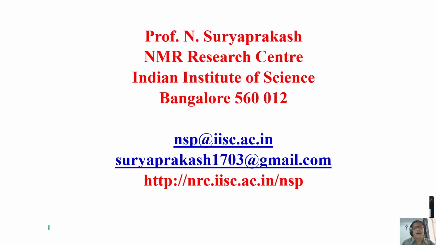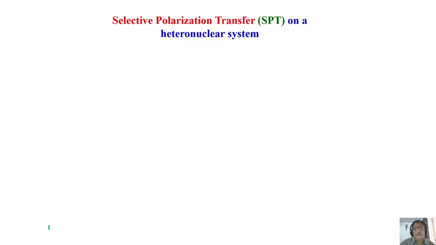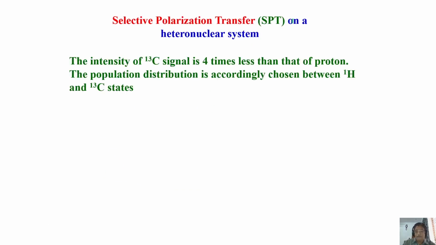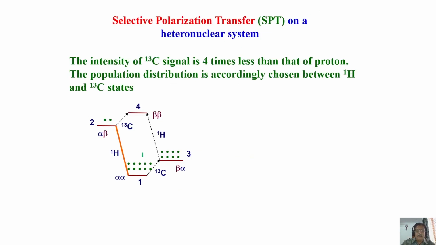Now we extended the logic to the heteronuclear case. I'm taking the example of proton and carbon, where the carbon gyromagnetic ratio is 4 times smaller than that of proton. There again we did selective polarization transfer by saturating one of the signals.